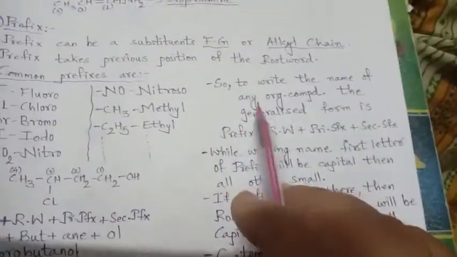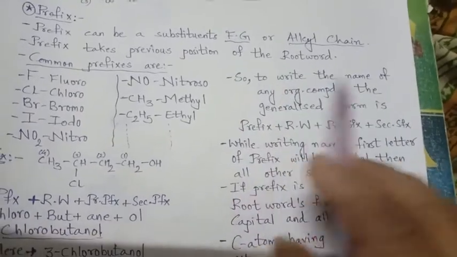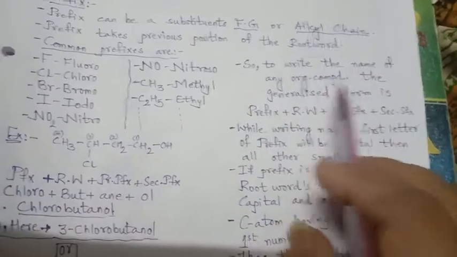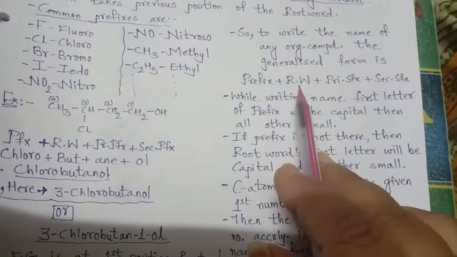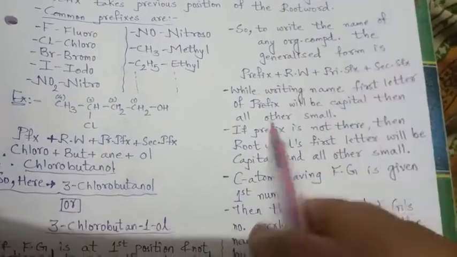And how will we give the name to them? To write the name of any organic compound, the generalized form is first prefix, then root word, primary suffix, secondary suffix.